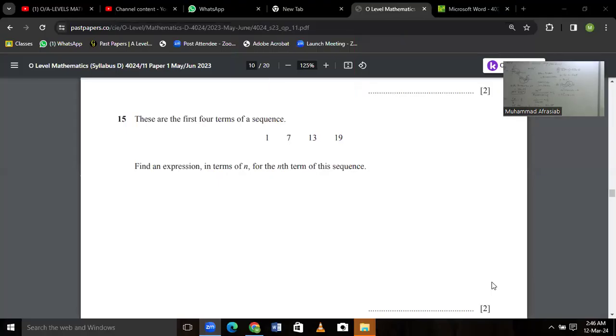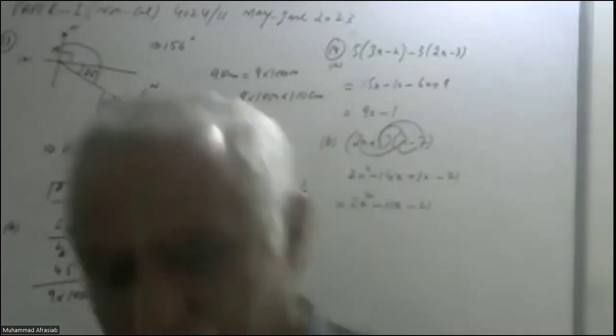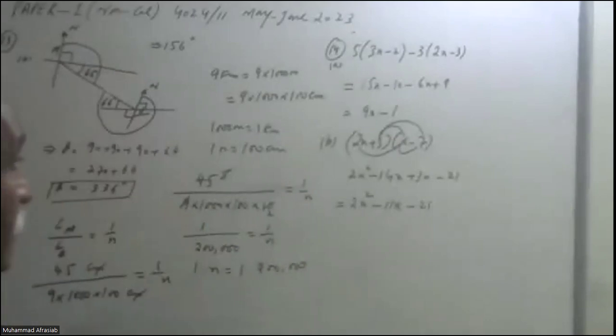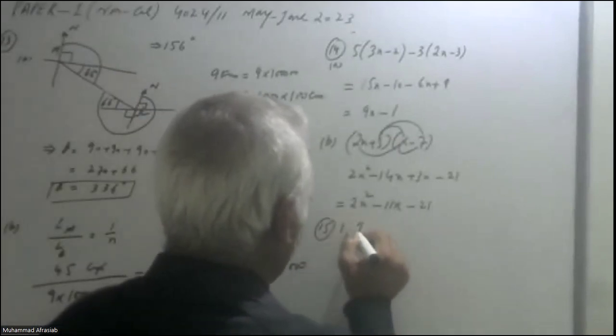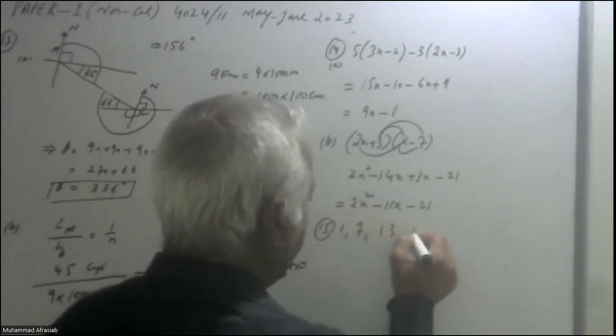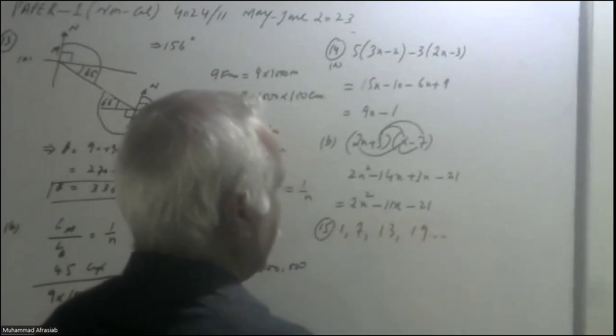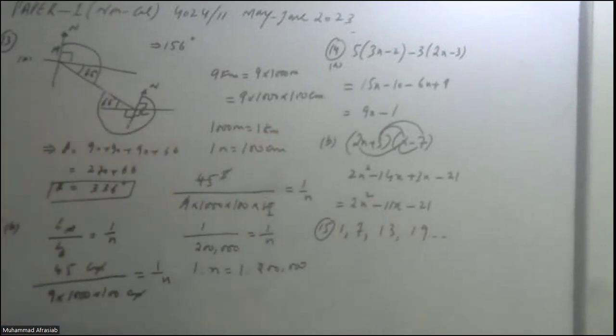These are the first four terms in the sequence of 1, 7, 13, 19. Find an expression in terms of n for the nth term of this sequence there. So 1, 7, 13, and 19 are the four terms of this sequence there.